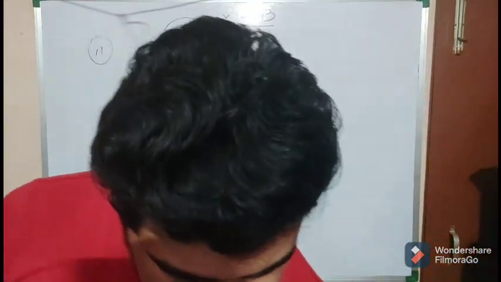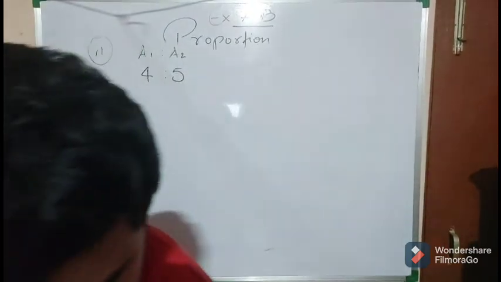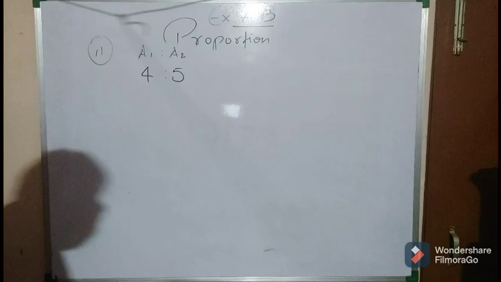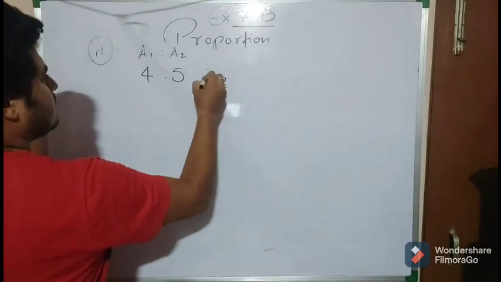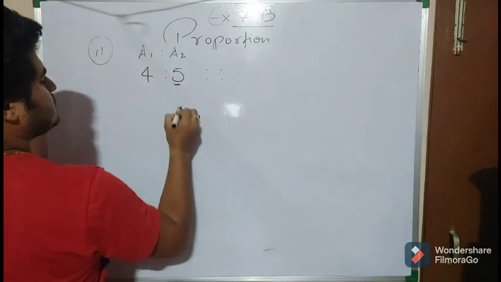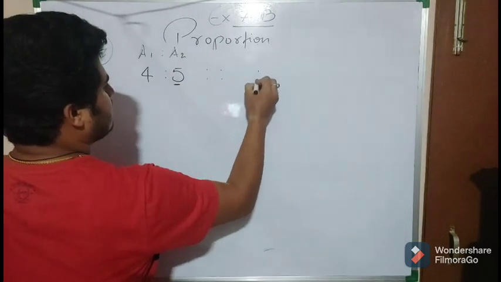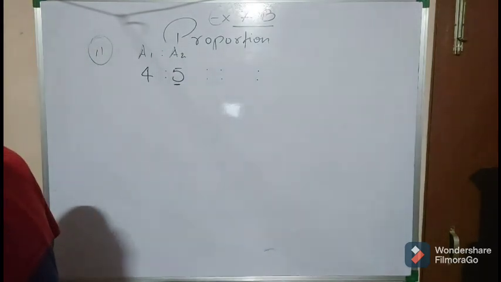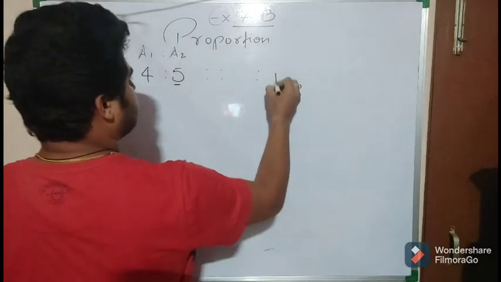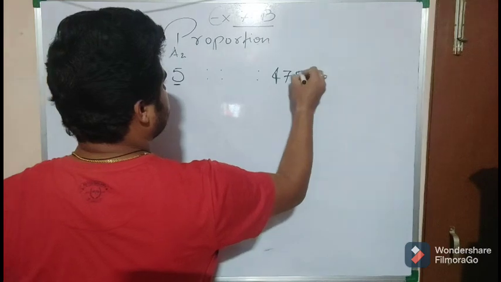If the area of the bigger square is 475, what is the total area of both the squares? The bigger square is at what position? Second position. So the bigger square area is 475 centimeter square.